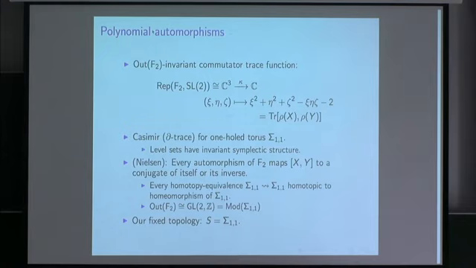So it's definitely not true for the other three surfaces. The pair of pants basically has a trivial mapping class group. But Nielsen's theorem can be interpreted geometrically as saying that every self-homotopy equivalence of the one-hole torus is homotopic to a homeomorphism.